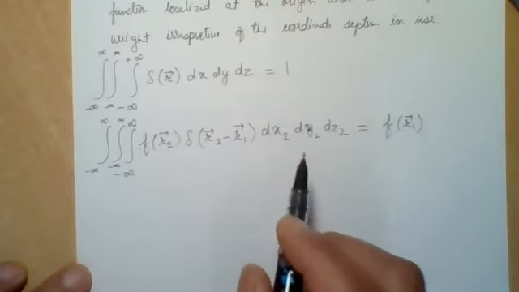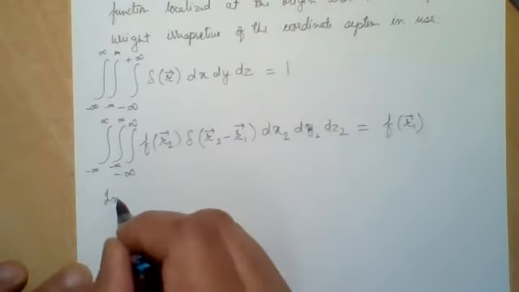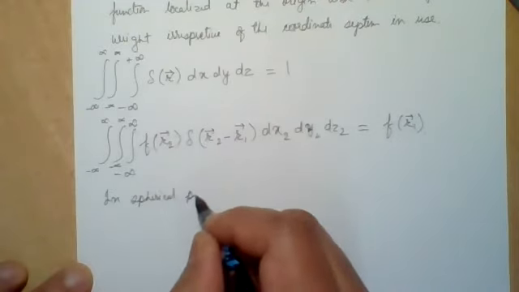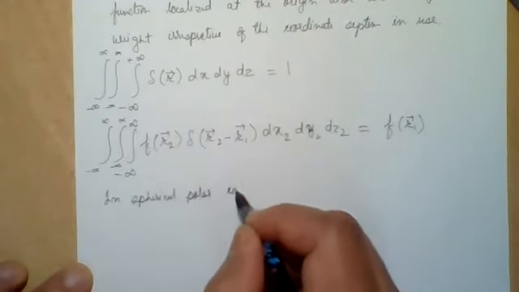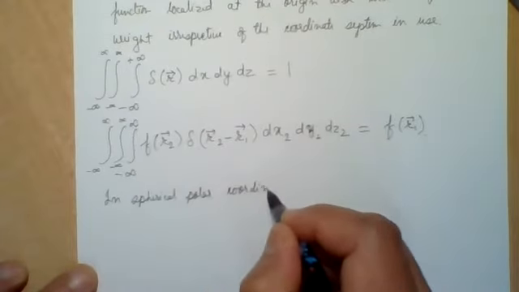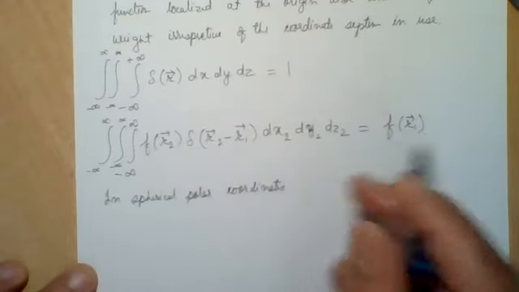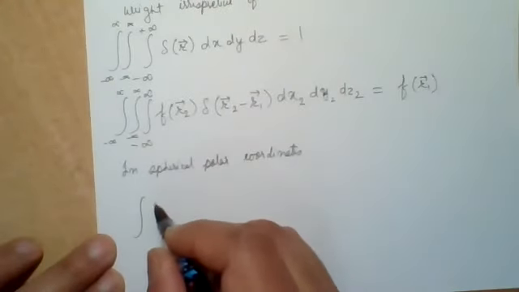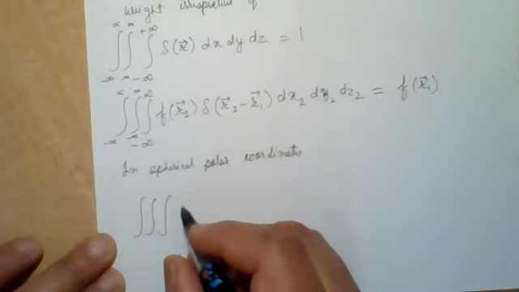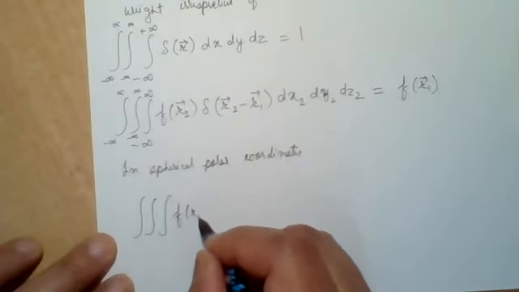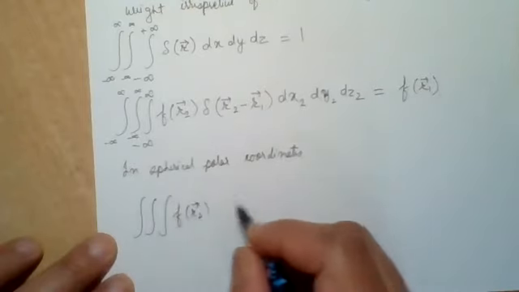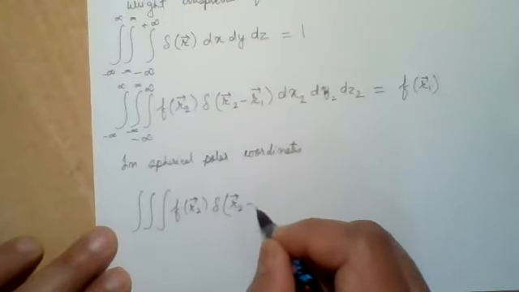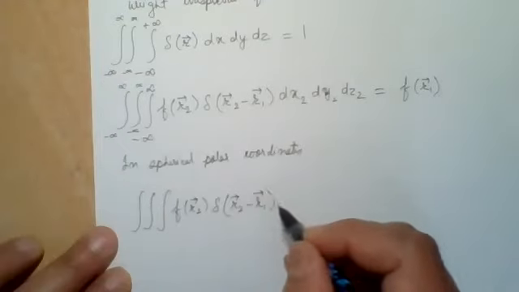In spherical polar coordinates, this can also be written as a triple integral of f of r2 delta r2 minus r1.